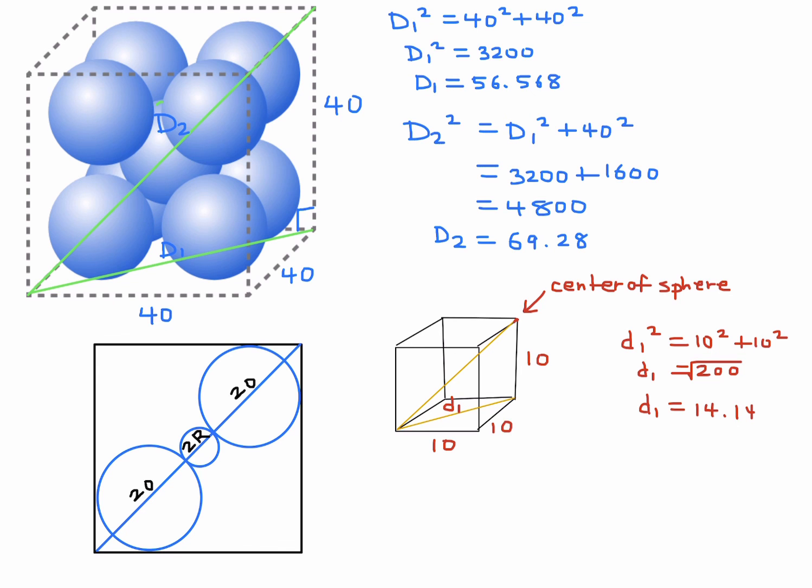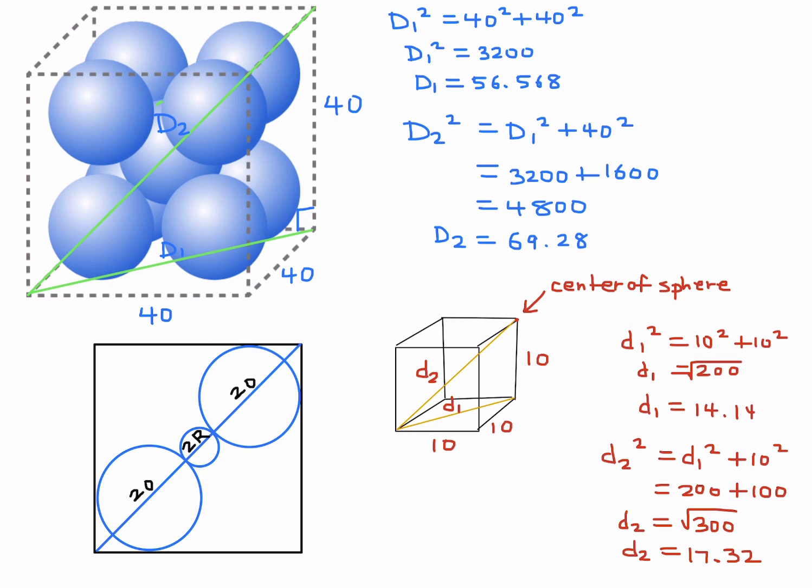Then we can use that to figure out this distance, which I will call small d2. Small d2 squared is going to be d1 squared plus 10 squared, so 200 plus 100, which is 300. Therefore d2 is root 300, and that is approximately 17.32.